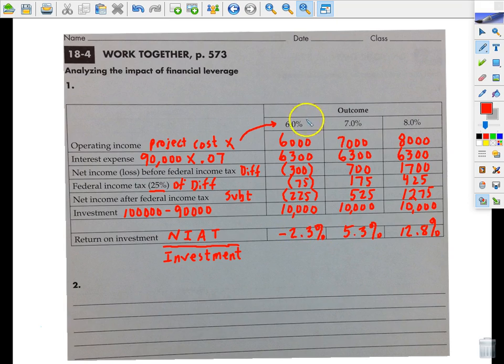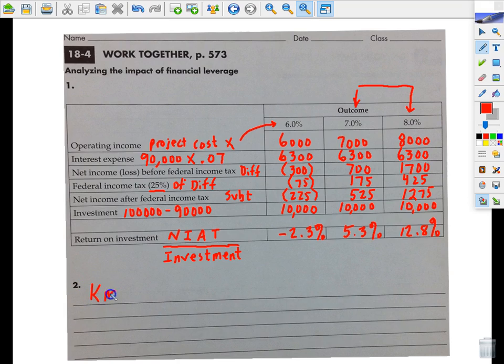A 6% growth with the renovation isn't going to be worth the investment because we're actually going to lose money on our investment. But either one of these, obviously, if we could get to 8%, that would be ideal. But with either one of these outcomes, either a 7 or an 8% growth as a result of the renovation, we will have a positive, what we call ROI, return on investment.